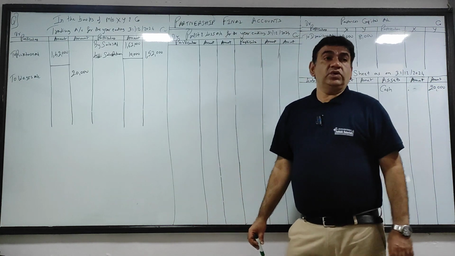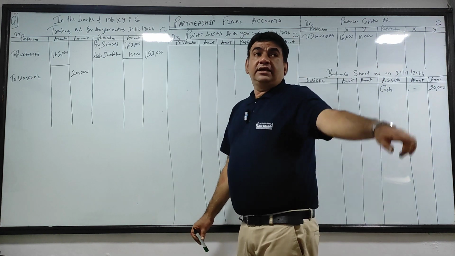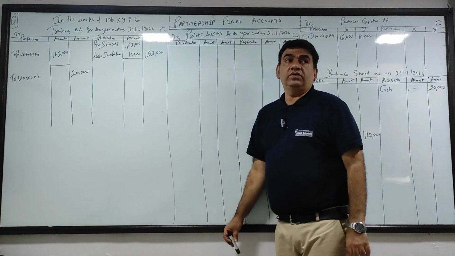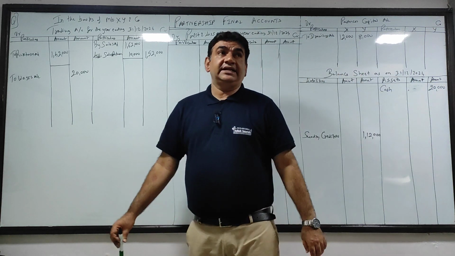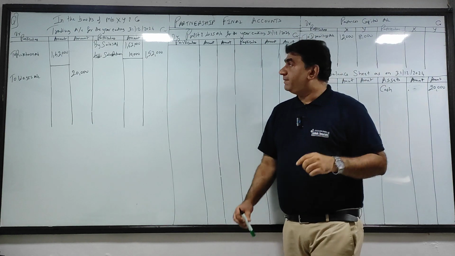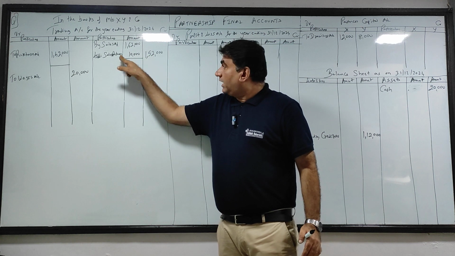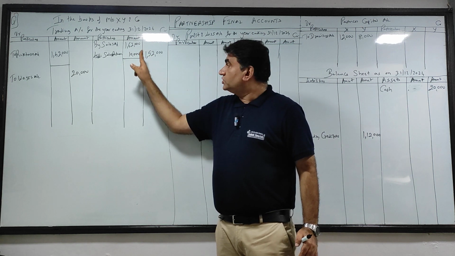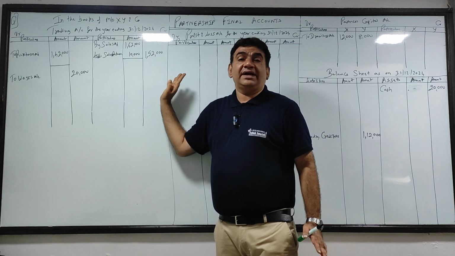So 162 minus 10 gives 152. 152 is my net sales. I'll repeat: 162 is my gross sales, out of which 10 was returned, so 162 minus 10, 152, is my net sales.